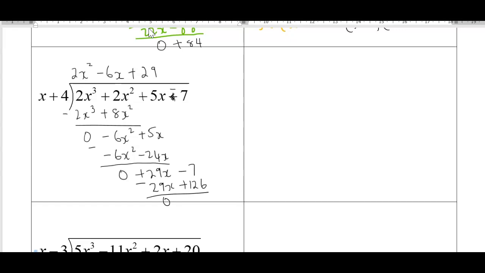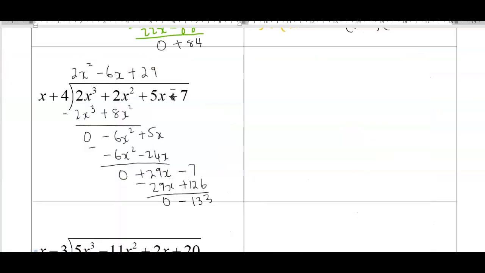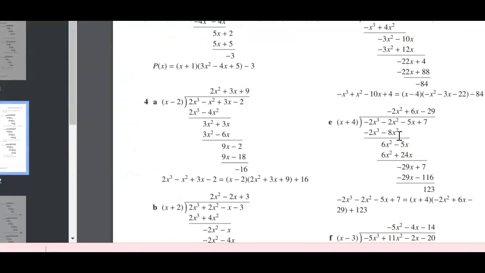So negative 7 minus 116 is negative 123. Now I'm going to check my answers because I'm losing confidence. Did I not multiply? Yeah, I think silly me. Can't add. What was it again? 123. Yes. Okay, let me just double check again.